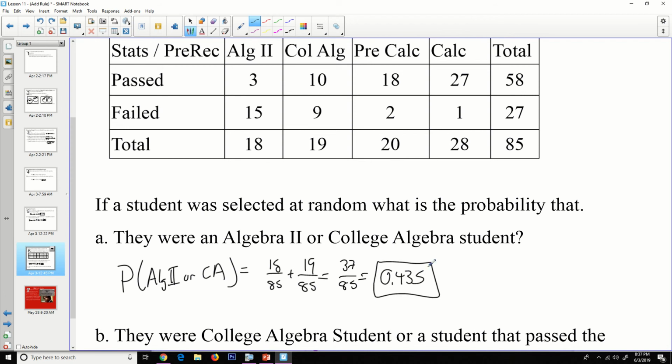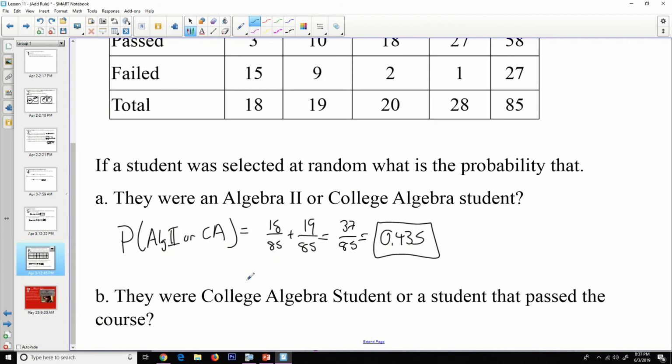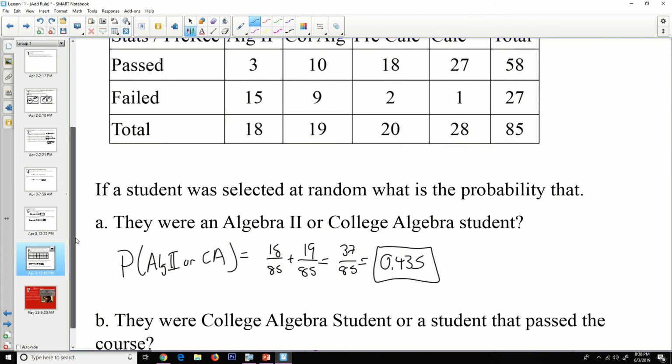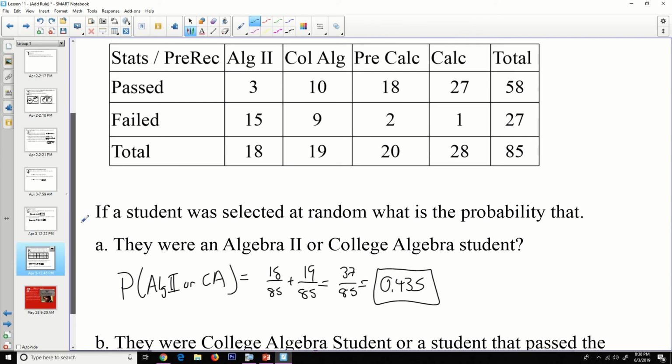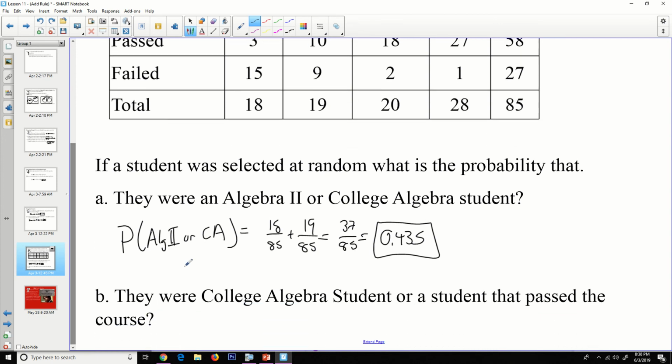What is the probability that they were a college algebra student or a student that passed the course? Well, there's some overlap there because we have 58 total students that passed the course, but 10 of those were already college algebra. So these are not mutually exclusive events.